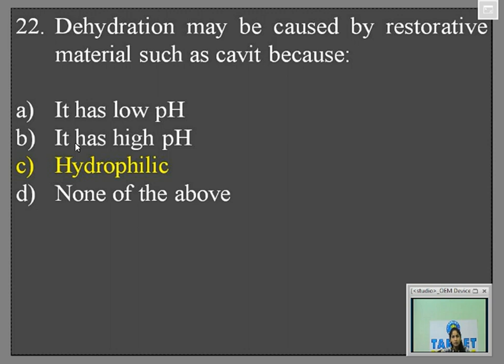By any means, a temporary filling should not exceed more than 2 weeks. So 2 weeks is the maximum time a temporary restoration material can be in a cavity, and then it requires a change of dressing.